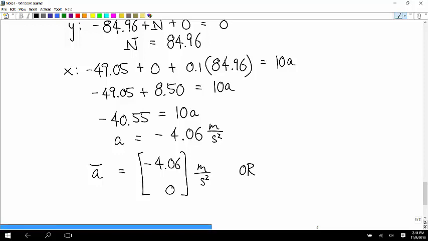That's in the negative x direction, which is down the incline with a magnitude of 4.06.